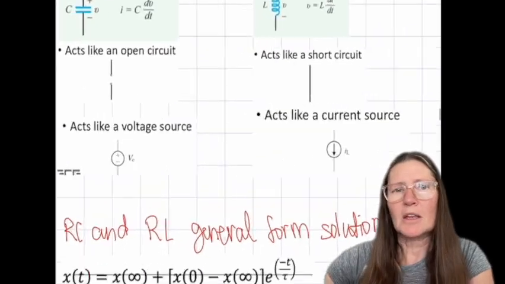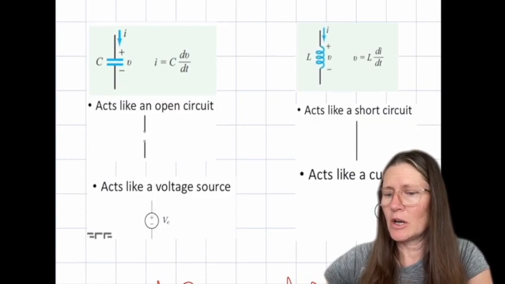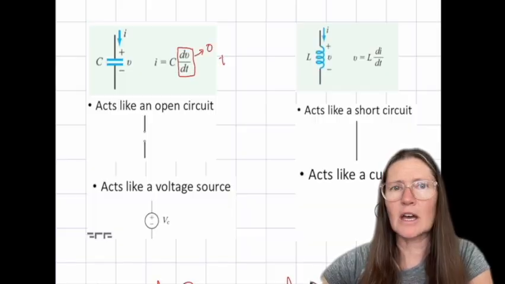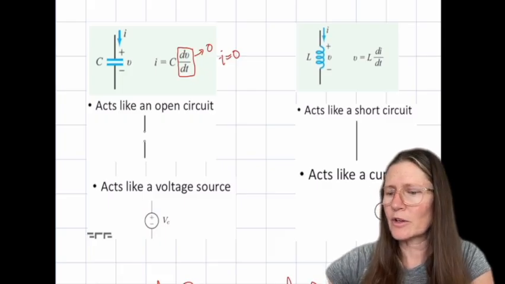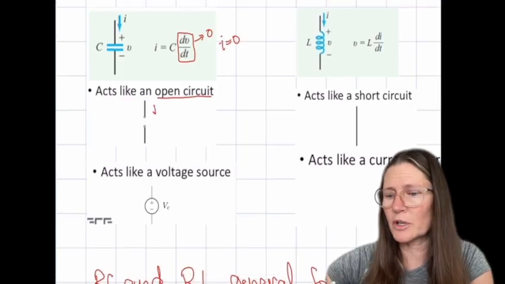A capacitor acts like an open circuit when it's been sitting there for a long time. The dV/dt goes to 0, which means that I goes to 0, so it acts like an open circuit because no current flows in an open circuit.